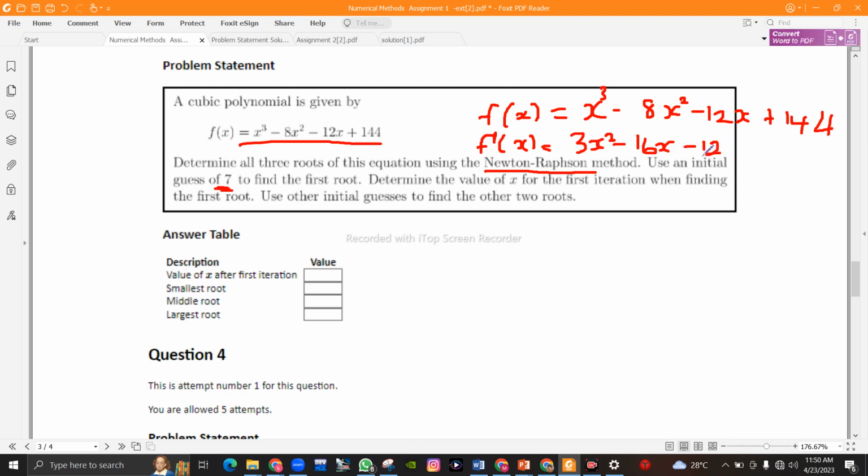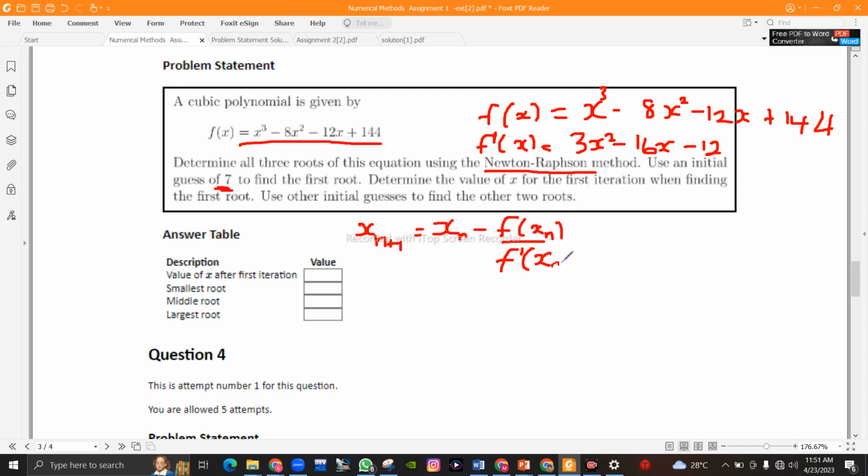So that's the differentiation. And we know the Newton-Raphson formula. It says that x(n+1), the next value, is equal to the previous value minus the function of the previous value divided by the derivative function of the previous value.